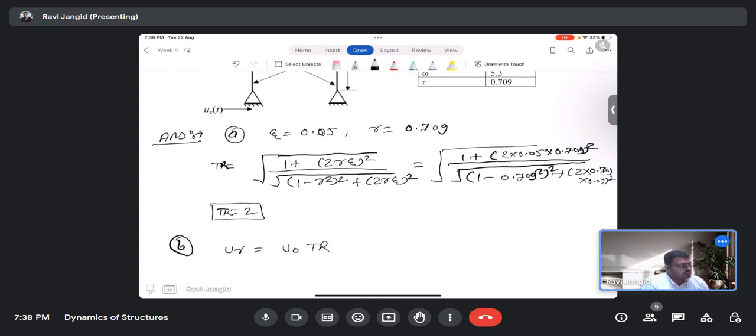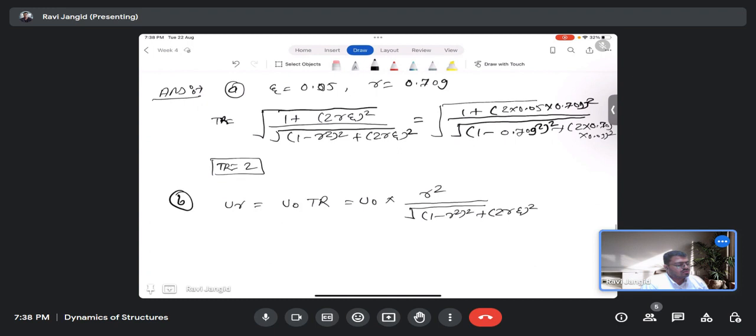TR would be R square divided by the square root of (1 minus R square) whole square plus (2 xi R) whole square.